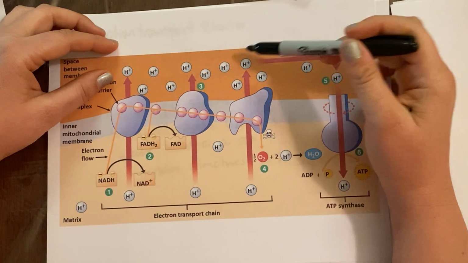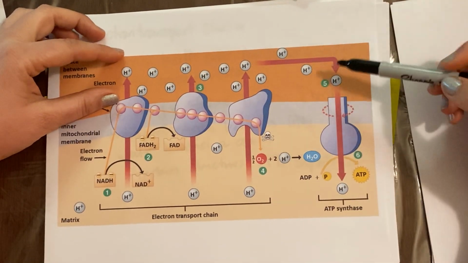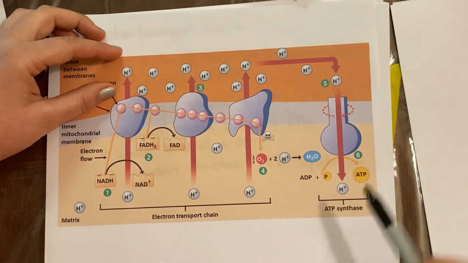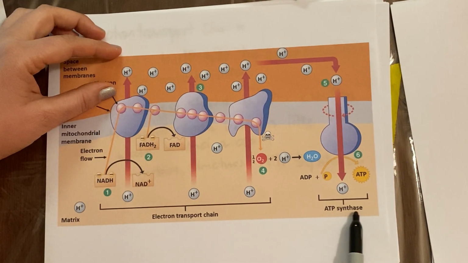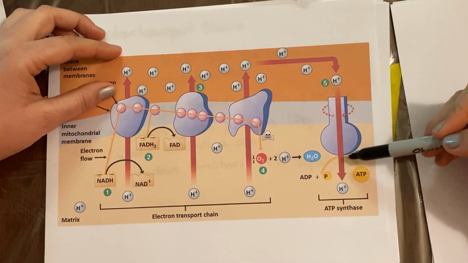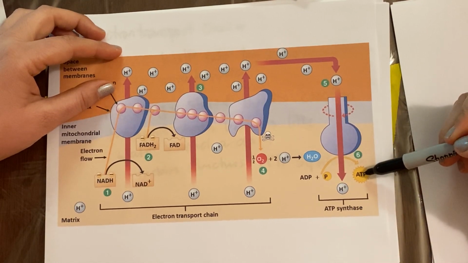The hydrogen ions are then at a very high concentration in this inner membrane space, and then are going to be able to run back through this special enzyme called ATP synthase. Think about this, ATP synthase, like synthesizing, it synthesizes ATP. As the hydrogen ions run through this, it turns the ATP synthase, creating ATP.